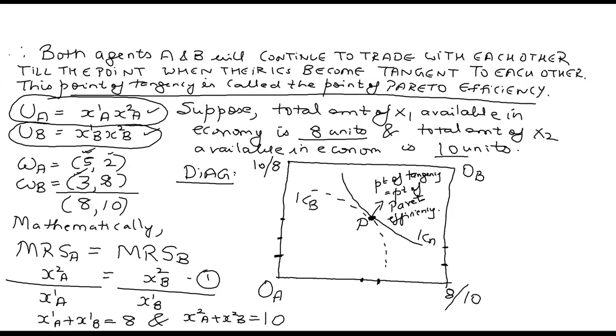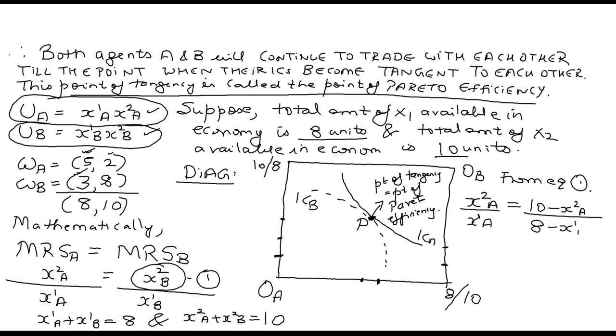So from equation 1, I can write X2A by X1A is equal to X2B, which I can write as 10 minus X2A, upon X1B, which I can write as 8 minus X1A. I am writing this using equation 2 and equation 3.